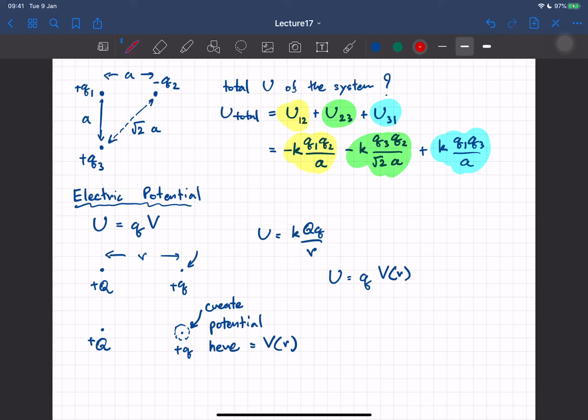Again, I will write things to remind you that this is very similar to force equal to q times electric field, right? Remember the reason why we have to introduce this is the electric field is created by a single charge, and then the second charge interacts with that electric field that gives you the Coulomb force, right? Here's the same thing.